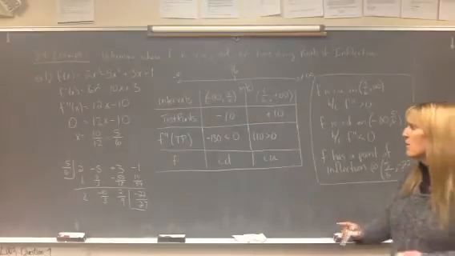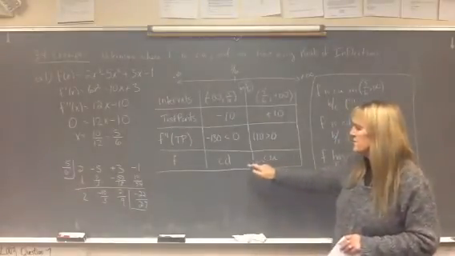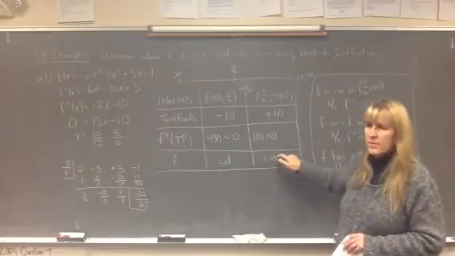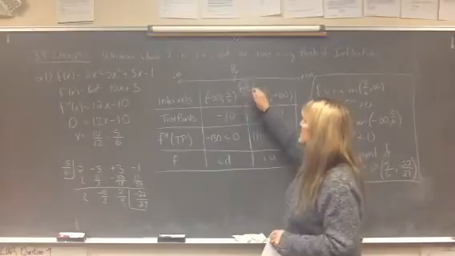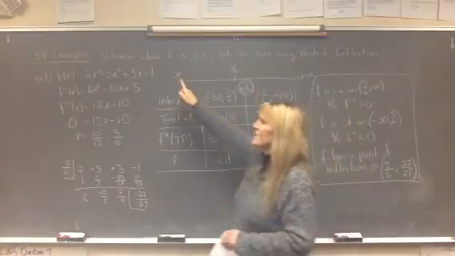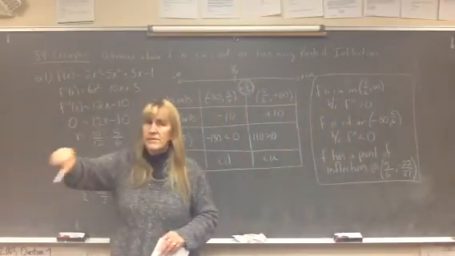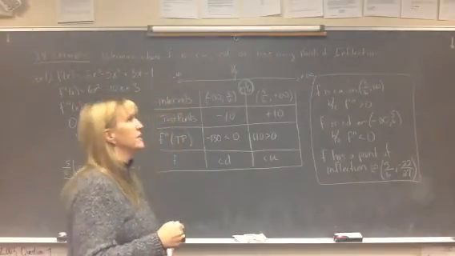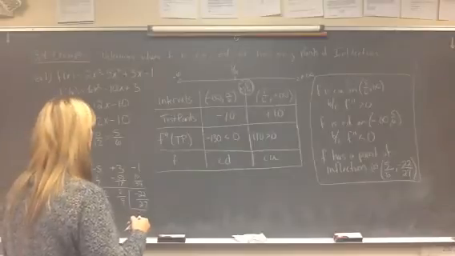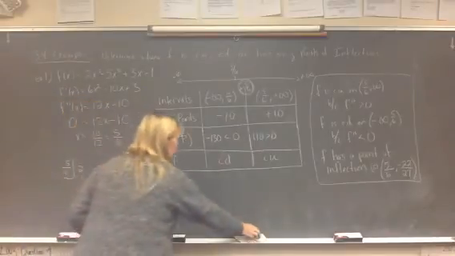Be careful though, we don't always get a point of inflection just because this changes from concave down to concave up or concave up to concave down. We have to make sure that this x equals 5/6 value is actually a point on the original function. If it's not a point on the original function, then it will not be a point of inflection on the original function. Okay, so we're going to wipe that off.